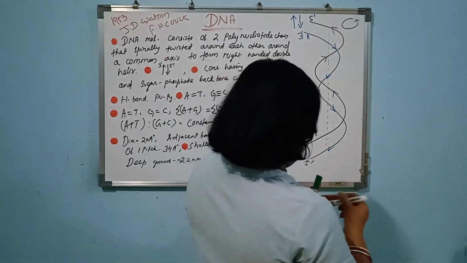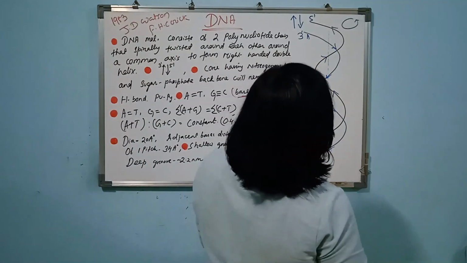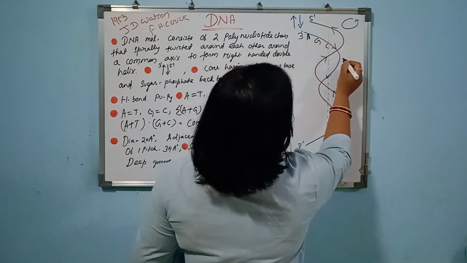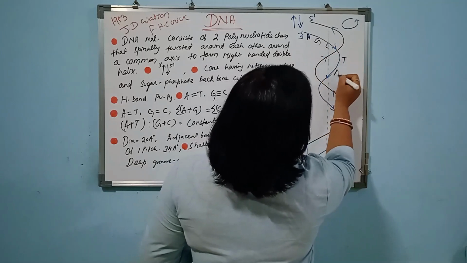Suppose this strand has bases like adenine, guanine, cytosine, thymine.